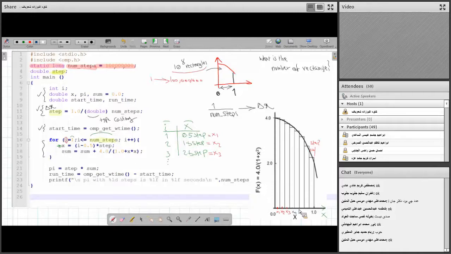And so on. This is x4, x5 and so on. This is f of x1. This is f of x2 and this is f of x3.